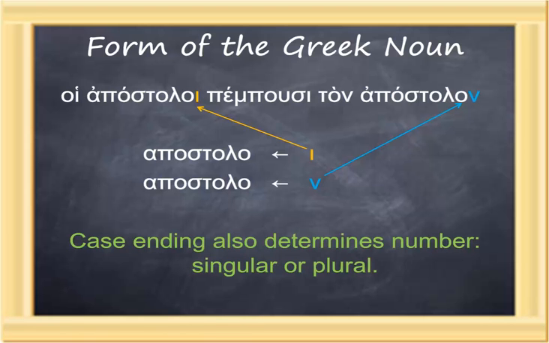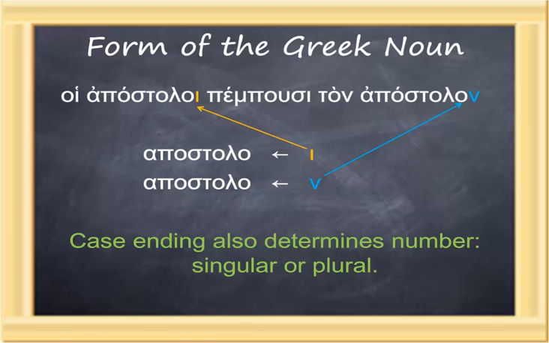Notice how the sentence has changed up above. It's now hoi apostoloi. The iota tells me as a translator that the first word is nominative plural. That is, thus apostles send the apostle.